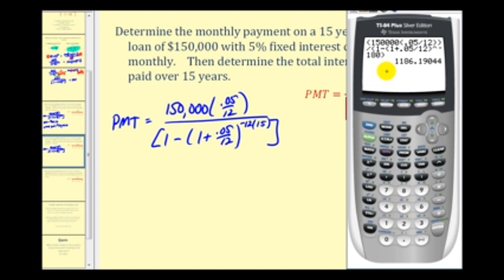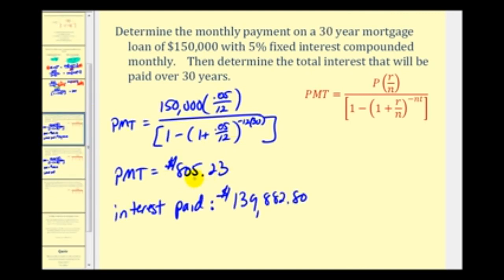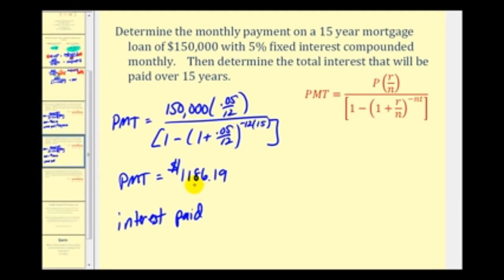So for a 15-year mortgage, a loan payment would be $1,186.19. So going back and comparing this to the 30-year mortgage, looks like our loan payment went up more than $350, but the payments would only be for half the time.